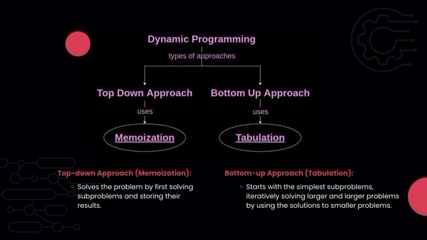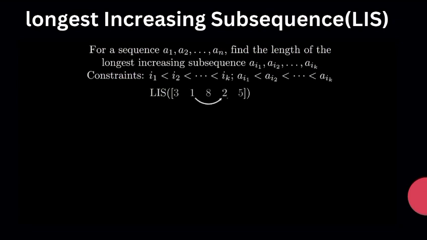Now let's look into another problem to better understand the intuition behind this method. Here, the longest increasing subsequence is 1 followed by 2 followed by 5, with a total length of 3. Now the problem is clear.